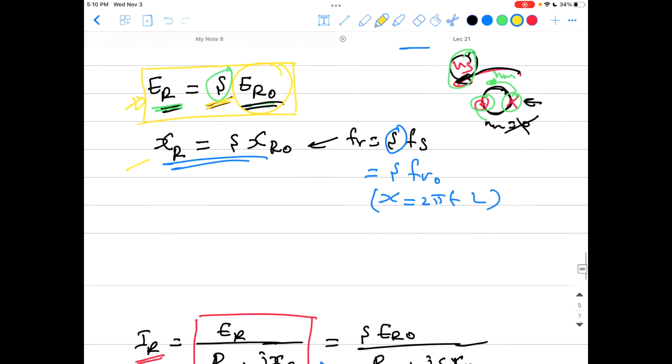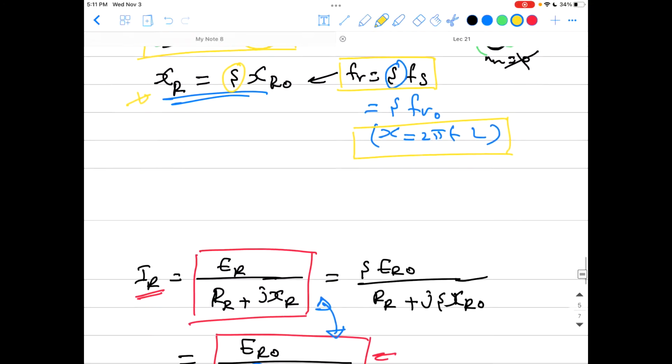The same applies to the reactance of the rotor winding, because the reactance depends on the frequency, 2 pi f L, and the frequency of the rotor depends on the slip. The frequency of the rotor circuit equals the slip times the frequency in the stator circuit.